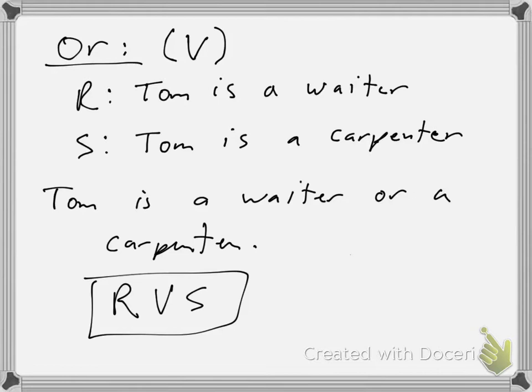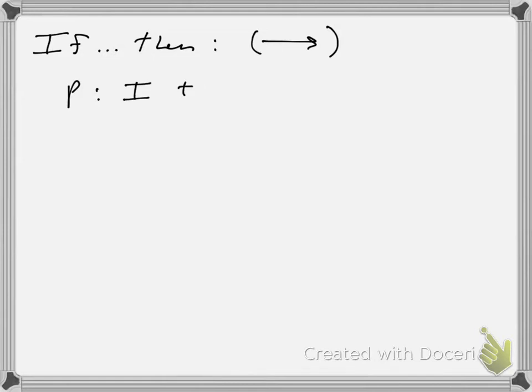Okay, so right now we're practicing. Okay, now an if-then statement. So we often use these, right? If-then, we use an arrow. Okay, so if I have a P that says it is Friday, that's my statement one. And then let's do a Q statement.